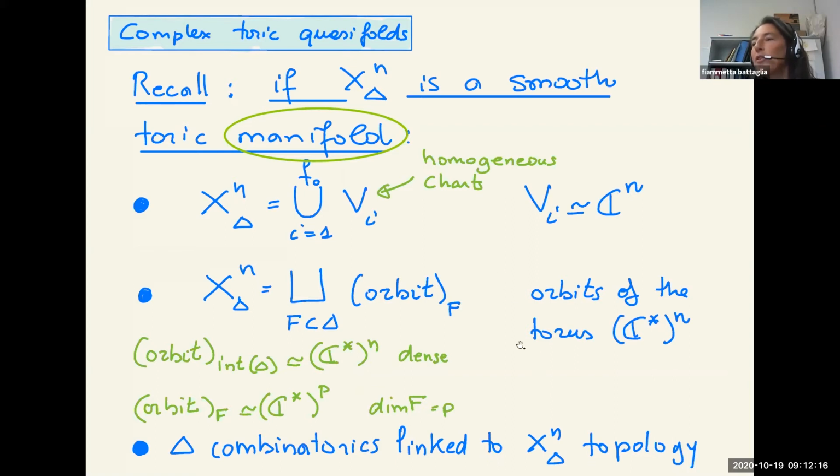So we would like to see that in the non-rational setting we have features that are analogous to these ones, and also the link with combinatorics carries on in the non-rational setting. So let's see.